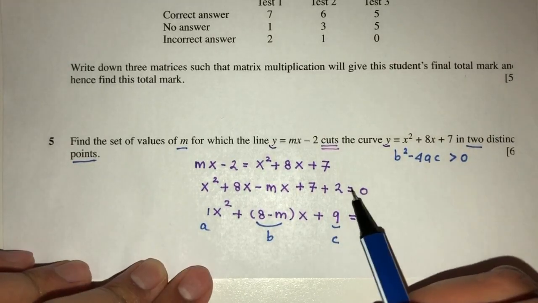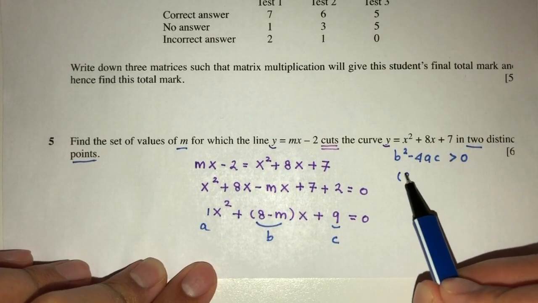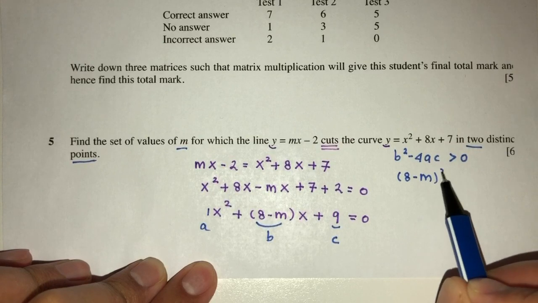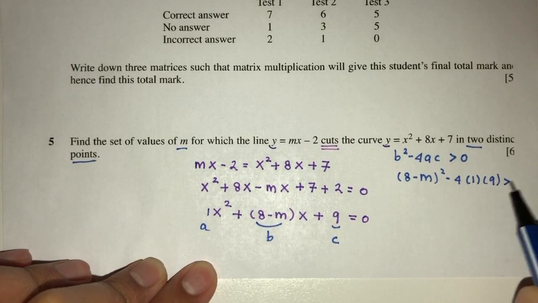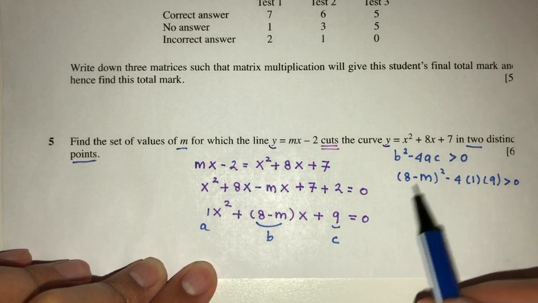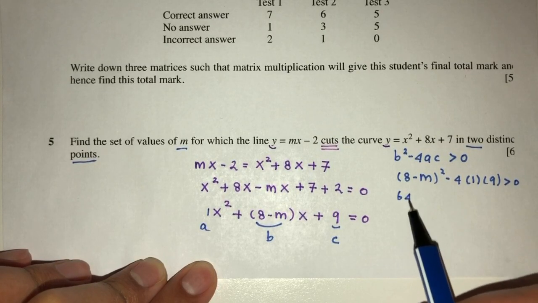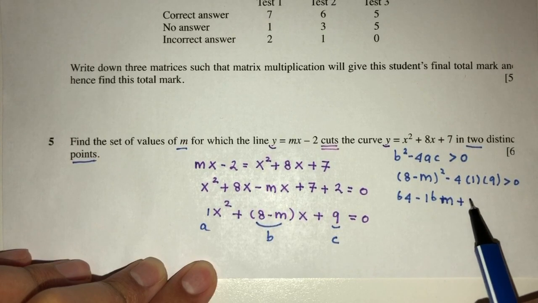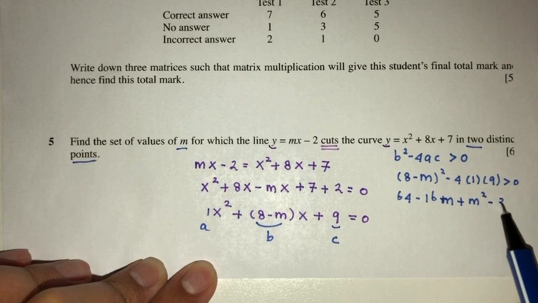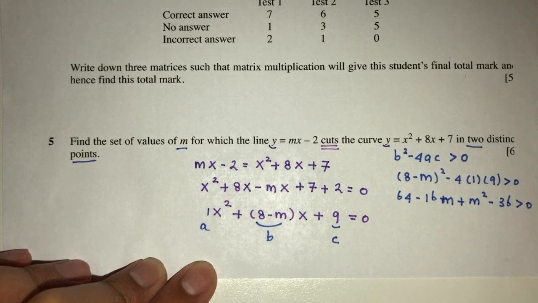So b squared will be (8 minus m) squared minus 4 times a times c is more than 0. That will be expanded. You will have what? 64 minus 16m plus m squared minus 36 more than 0.